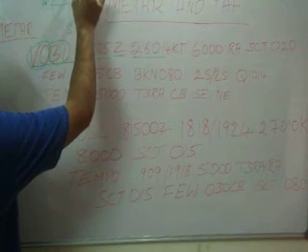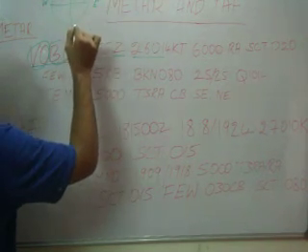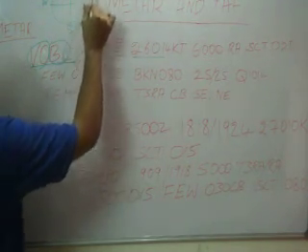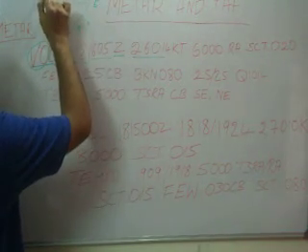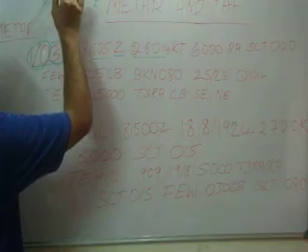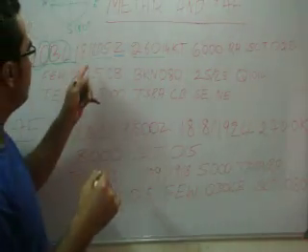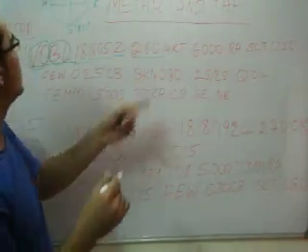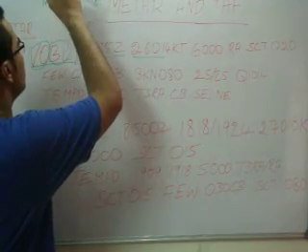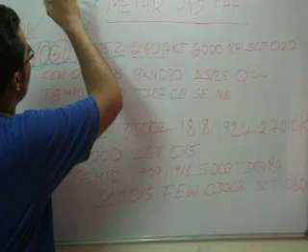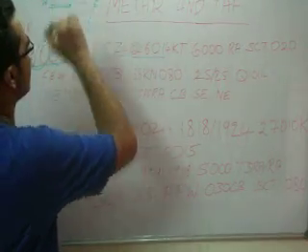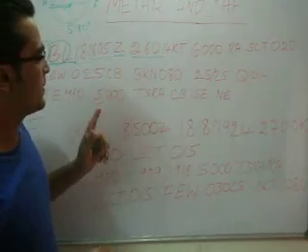North is 360, south is 180, east is 90 degrees, and west is 270 degrees. If the wind is blowing from 260 degrees, then it's coming from almost this side. So that's how it works.